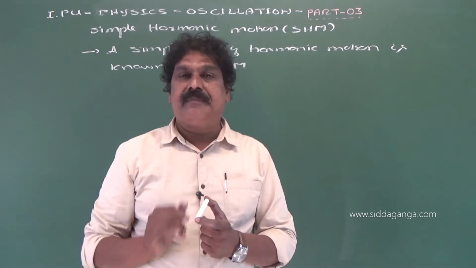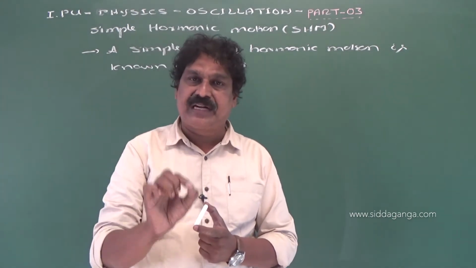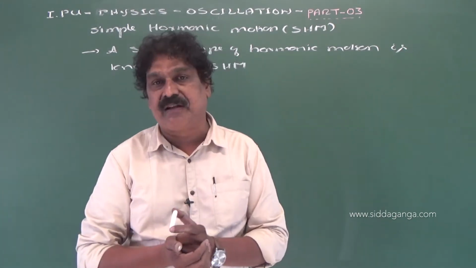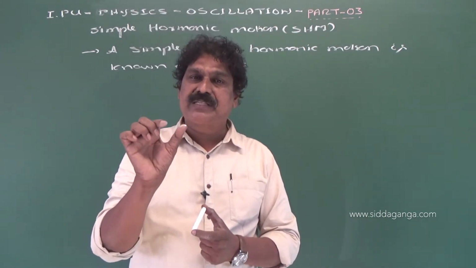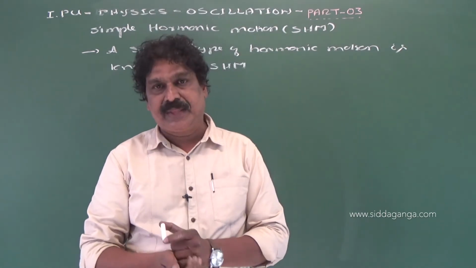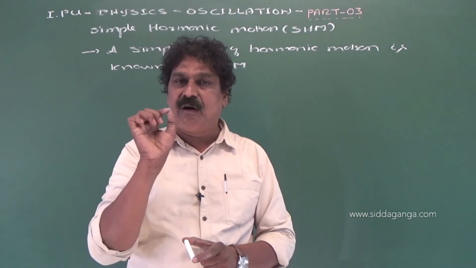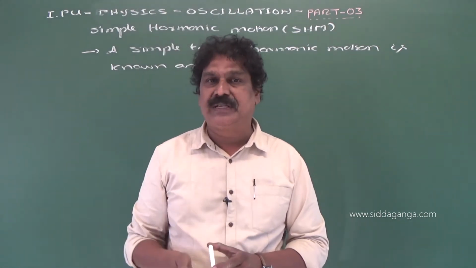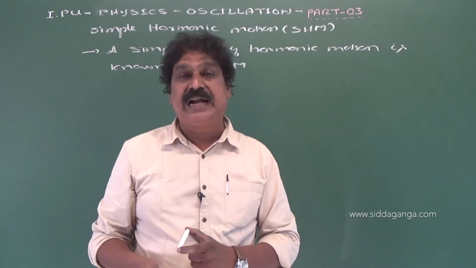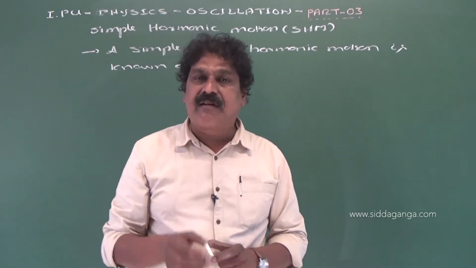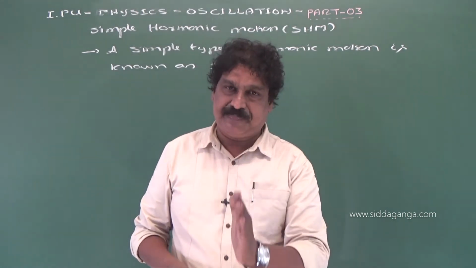And number three, magnitude of acceleration, I mean linear acceleration, the time rate of change of linear velocity, should be directly proportional to displacement from the mean position. And fourth one, the direction of acceleration is always towards the mean position. When a motion satisfies these four conditions, then it is called a simple harmonic motion.